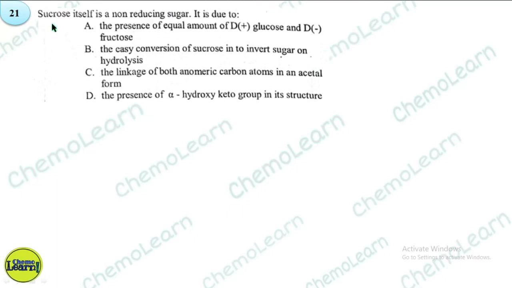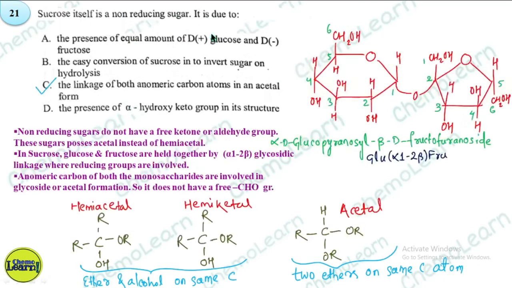Question number 21. Sucrose itself is a non-reducing sugar, it is due to what? See, sucrose is made up of glucose and fructose. The OH group which is attached to the first carbon atom of glucose and OH group which is attached to the second carbon atom of fructose condense to form one alpha 1,2 beta glycosidic linkage and it forms sucrose.